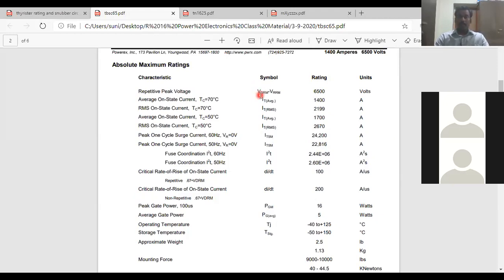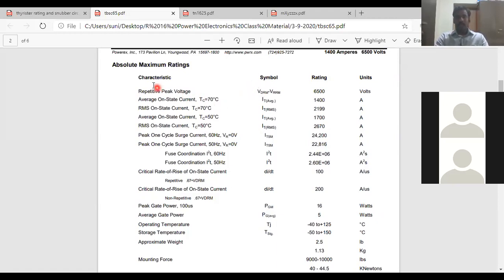We may not simply consider a device based on the voltage which we are going to apply and the current which we are going to draw. There may be certain transients, there may be certain uncertainties in voltages and currents. Those are also to be considered.